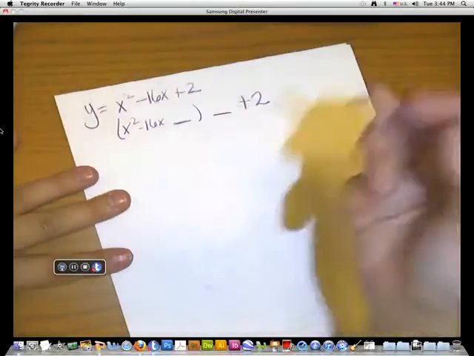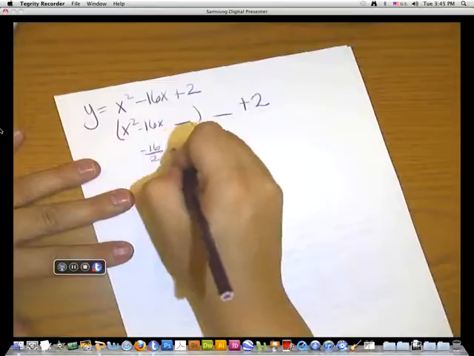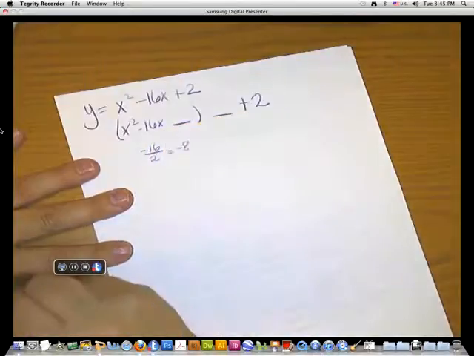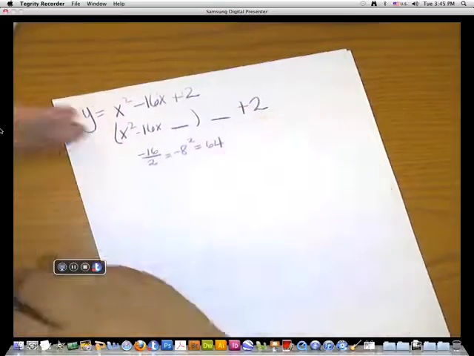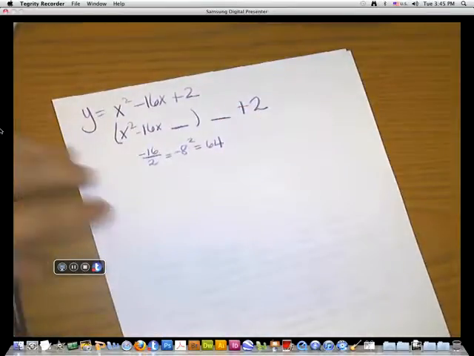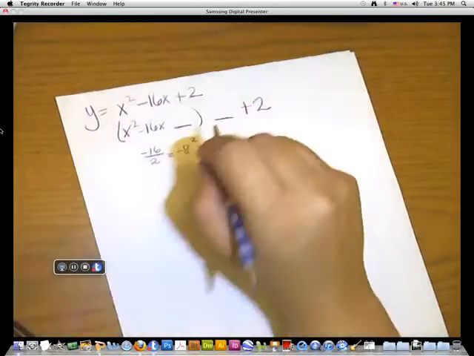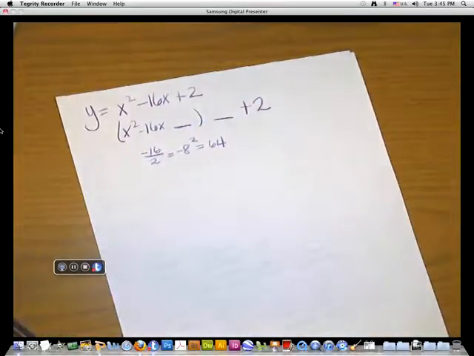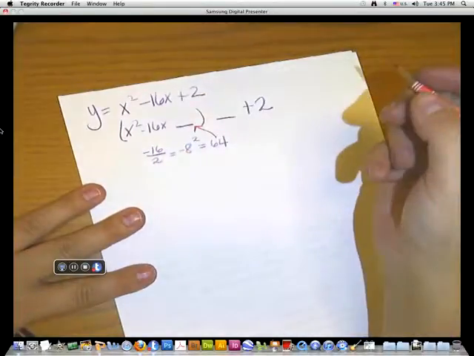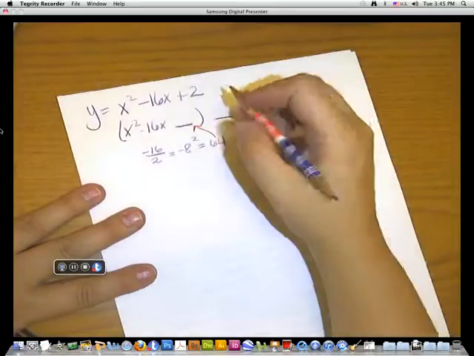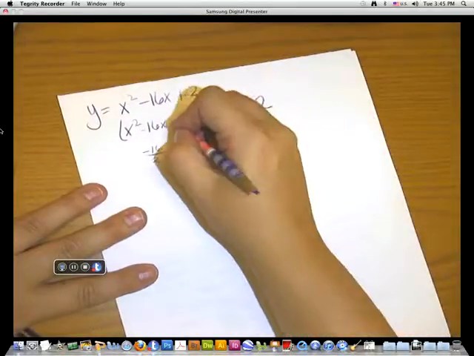Okay? So then we're going to follow our steps, and we're going to take the middle divided by 2, square it, and when we add it, we're going to add it inside, but we're going to subtract outside.